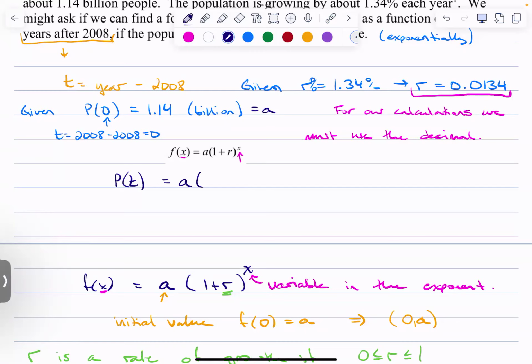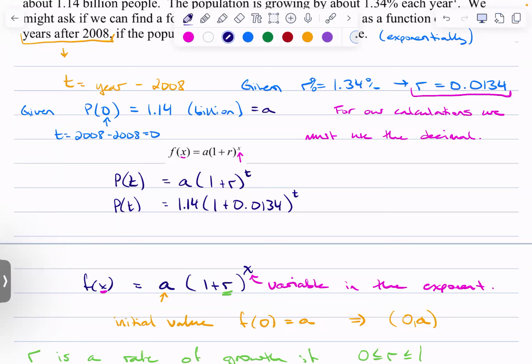I'll write it out in general here, A times 1 plus R to the power of t, but p of t is 1.14 times 1 plus 0.0134 to the power of t.